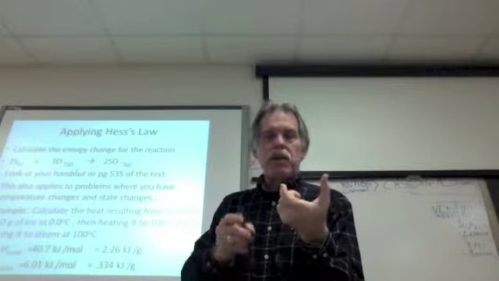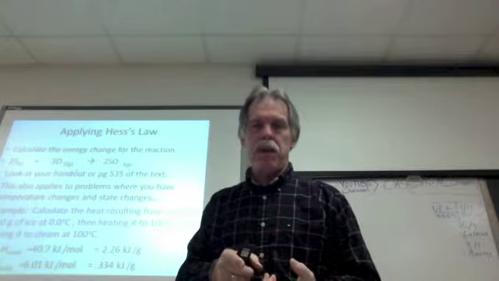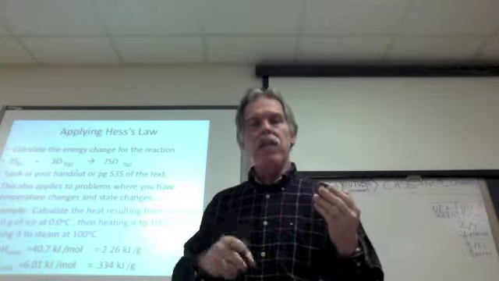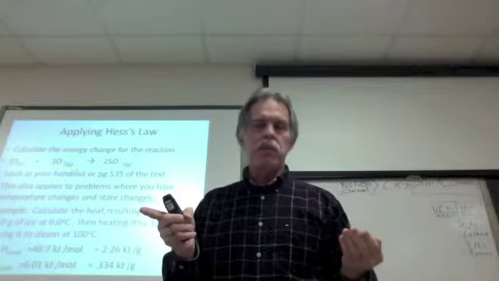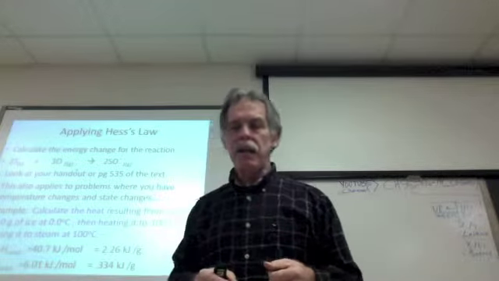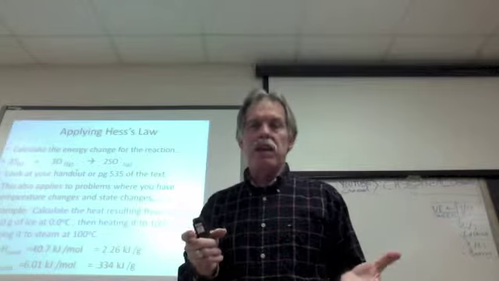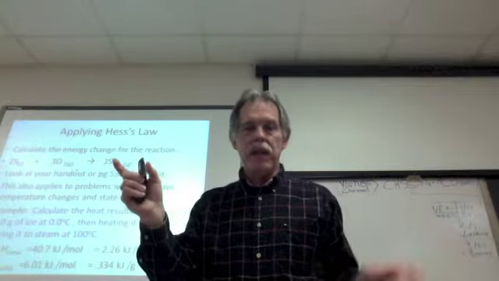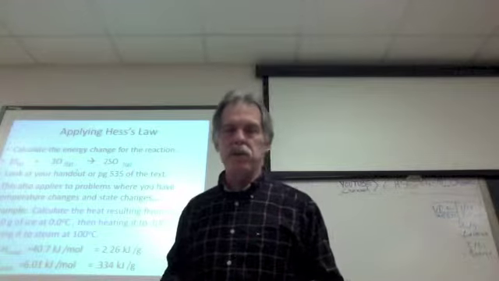Flip the second one, put a negative sign on it, and notice that when you add them all up, there's 2 SO2 produced by the first one, used by the second one. That's kind of like if you make 2 batches of cookies, 2 dozen, and you eat 1 dozen, well, then you're not going to have that dozen, so you produce it and use it, and it gets crossed through. That's why they cross through the 2 SO2.